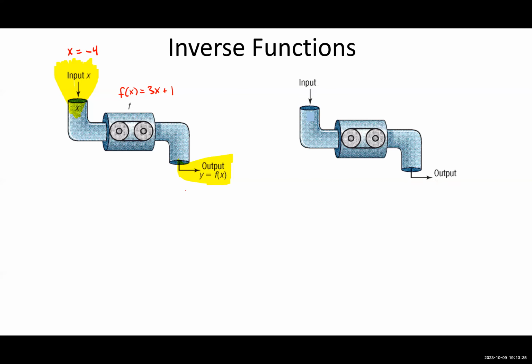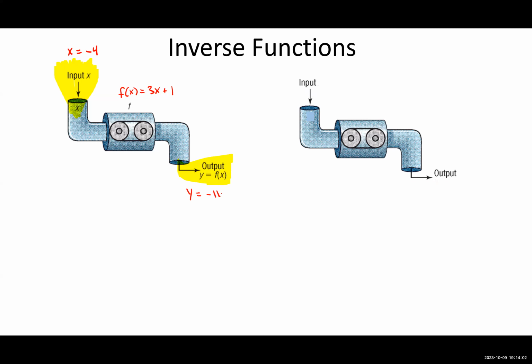So the output would be y equals -11, because we're evaluating a function, plugging a specific number in. So f of -4 is 3 times -4 plus 1. So that's how functions have worked, and this is how they always work, an input-output machine.